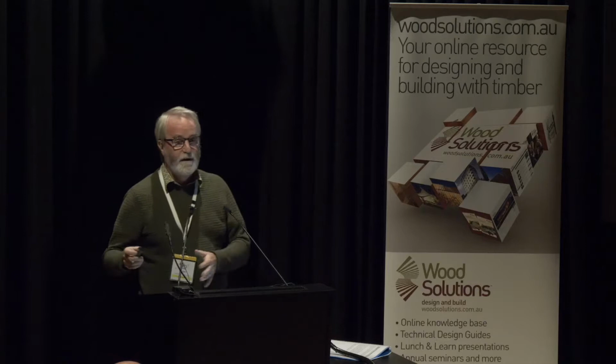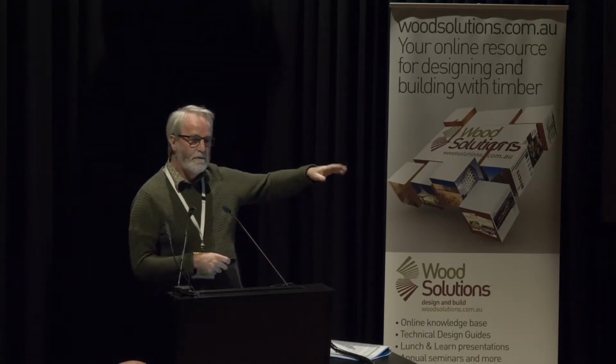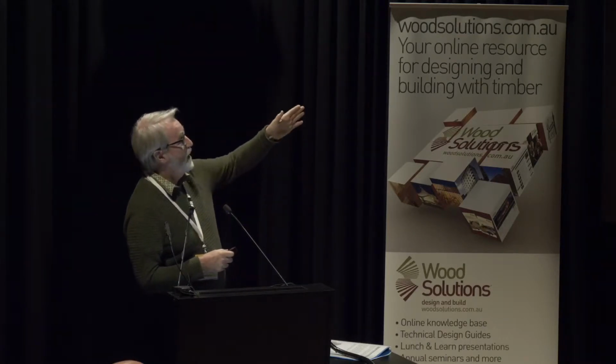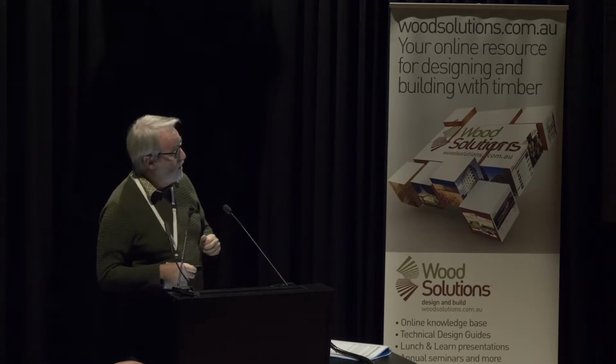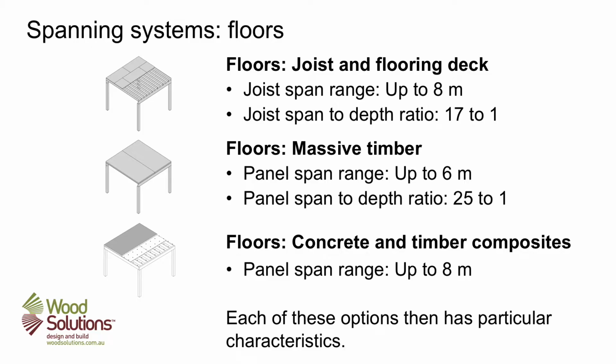Okay, so if we're looking now in the guide, we try to address each of those different systems. So looking now at a spanning system for floors, here we've got three options for floors. The first is a floor or joist deck, and the joists can be over the top of the beams or running into the side of the beams, so they're options. We've got massive timber as a floor system.